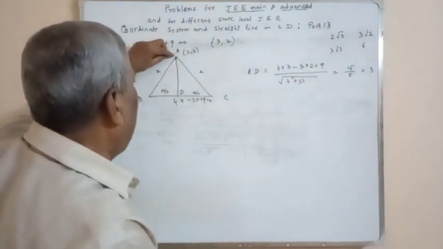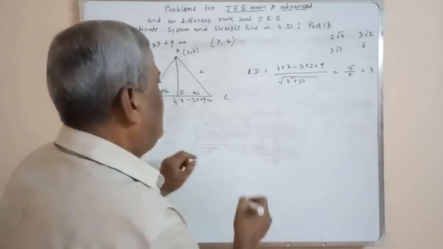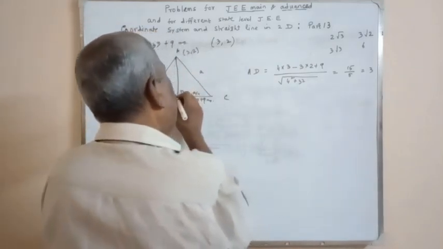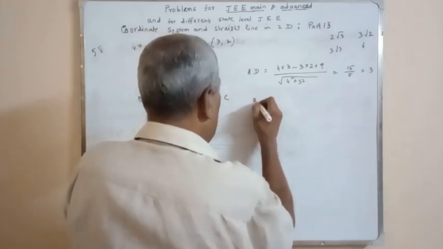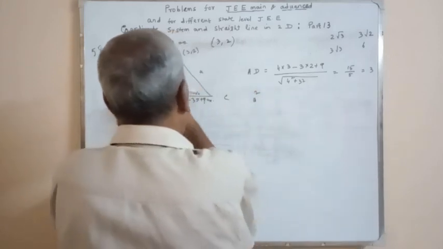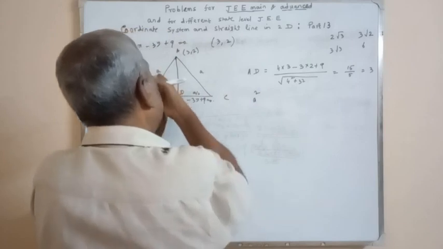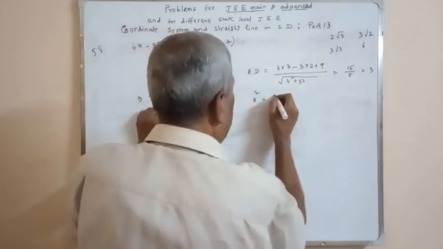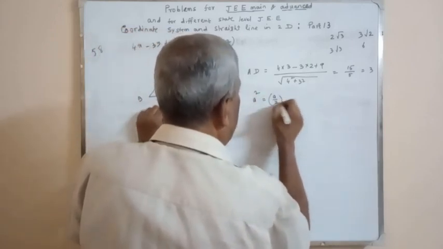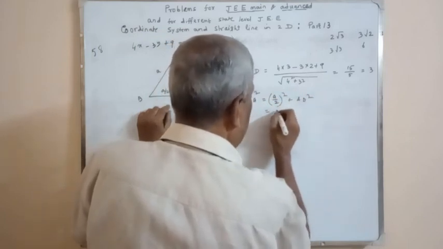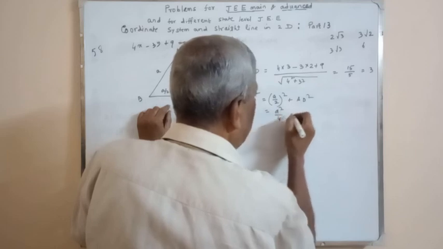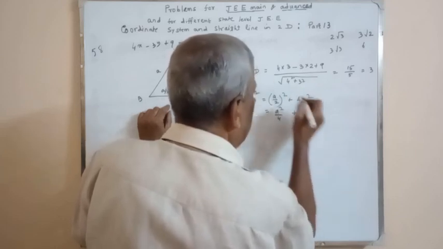Now from this triangle ABD, it is a right angle triangle, perpendicular is drawn. So a square, it is the hypotenuse, is equal to (a by 2) whole square plus AD square. That is a square by 4 plus AD square, which is 9.